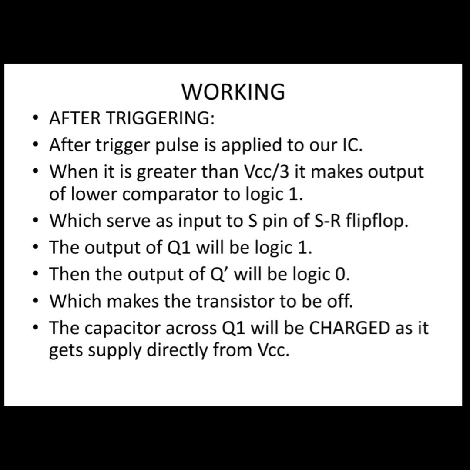After the trigger pulse is applied to our IC, when it is less than VCC by 3, it makes the output of the lower comparator logic 1, which serves as input to the S pin of the SR flip-flop.